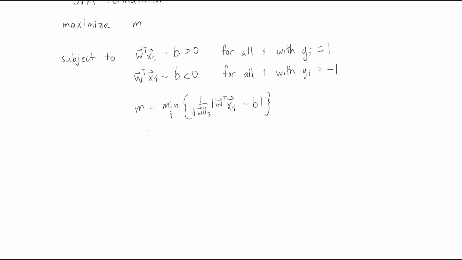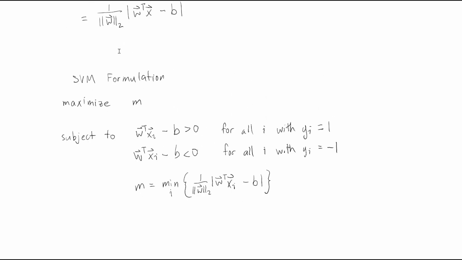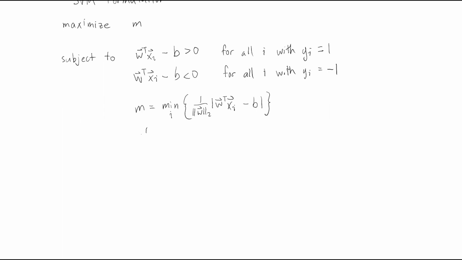So that's actually the same as saying that the distance of every data point to the decision boundary must be greater than or equal to m, right? Because by definition, m is the margin, and in particular, the margin must be greater than or equal to 0.